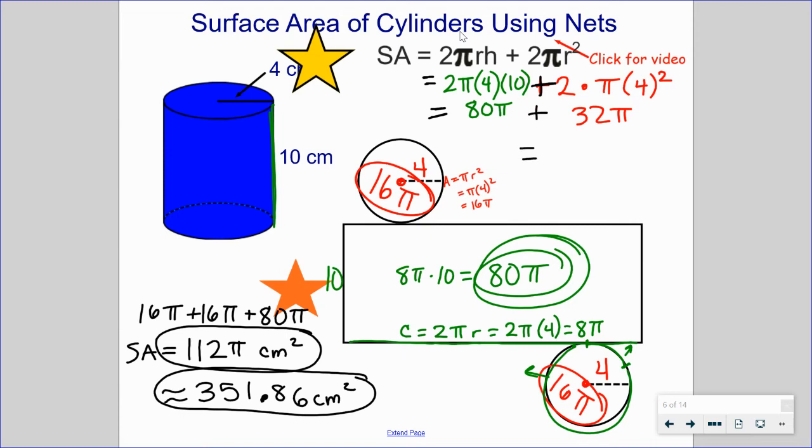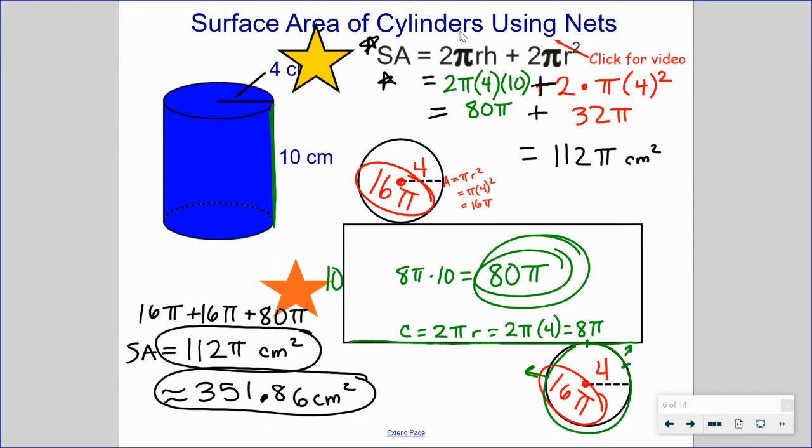Hey, this looks kind of familiar now, doesn't it? 112 times pi square centimeters. So I don't mind showing you a formula, ladies and gents, but formula does not denote understanding. I want you to really understand, okay, we got the circumference times the height gives us the lateral surface area in green, and 2 times pi radius squared gives us the 2 circular bases.